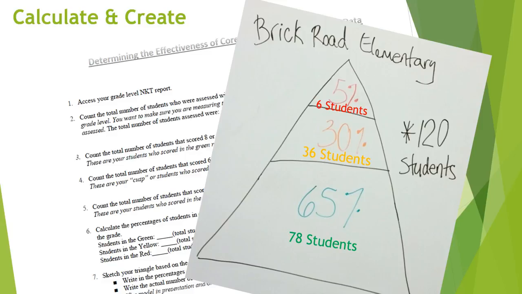Off to the side, write the total number of students that you had in your grade level. You may wish to write your school's name on the top. So please pause the presentation. You may work through this handout if needed, the determining effectiveness of core instruction data, whatever you need to do to get your chart completed.